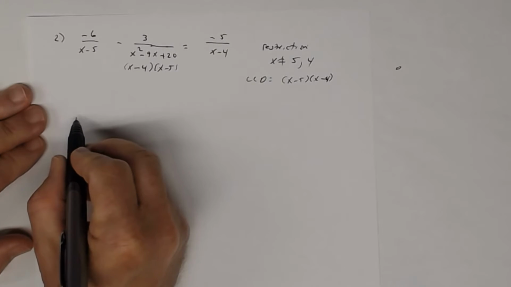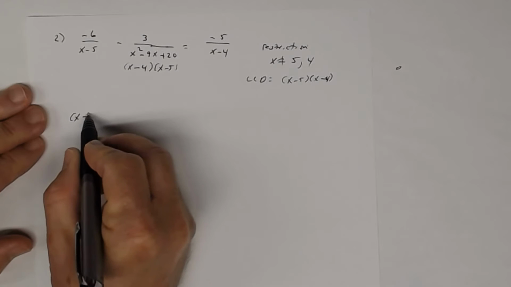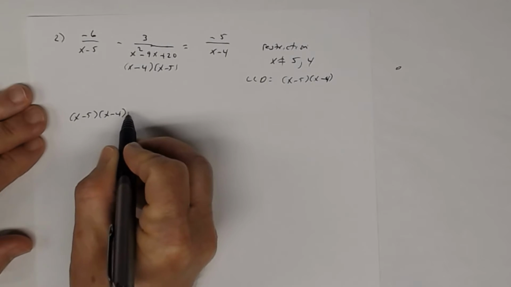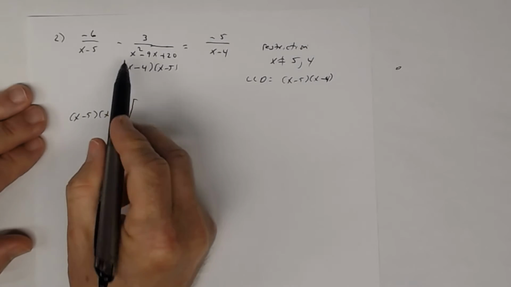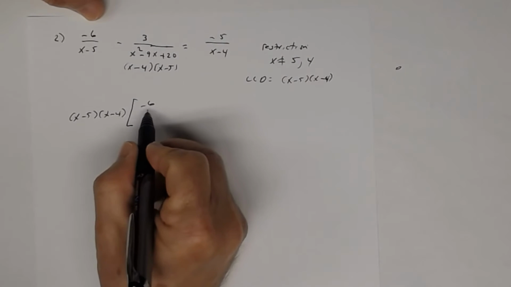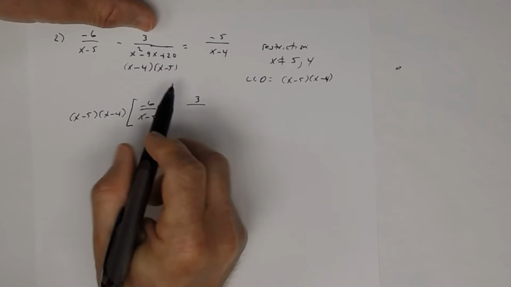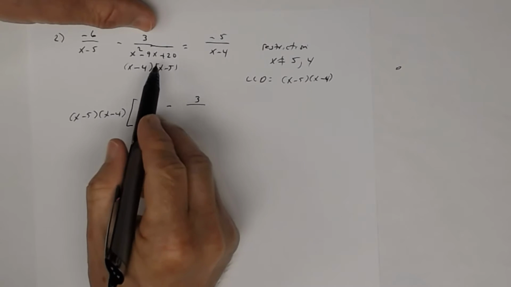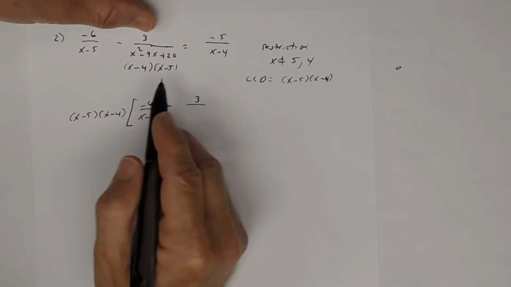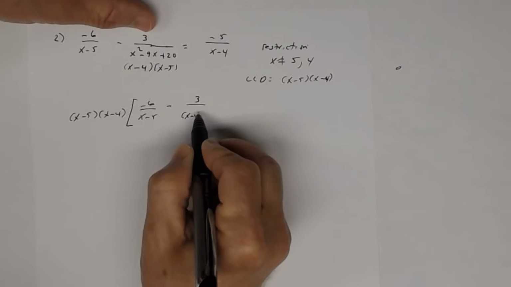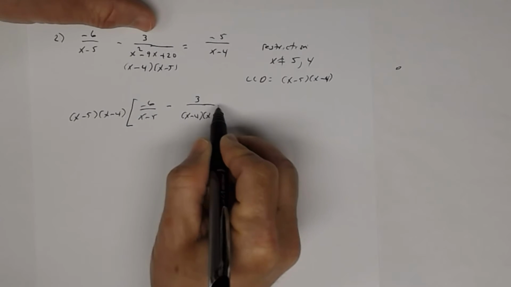So I'm saying x minus 5 times x minus 4 times the left-hand side, which is negative 6 divided by x minus 5 minus 3 divided by, now when rewriting this, use the factored part here. So write it as x minus 4 times x minus 5.